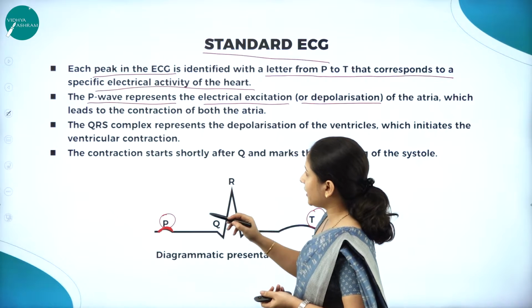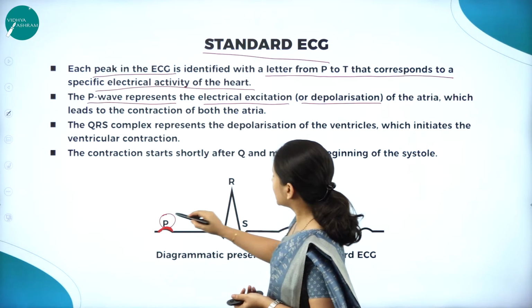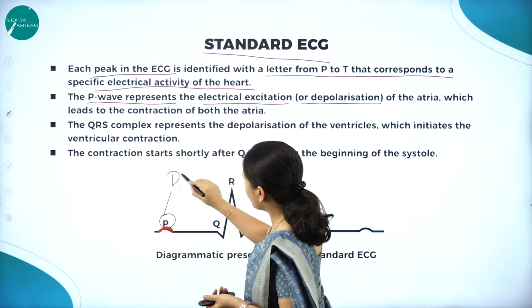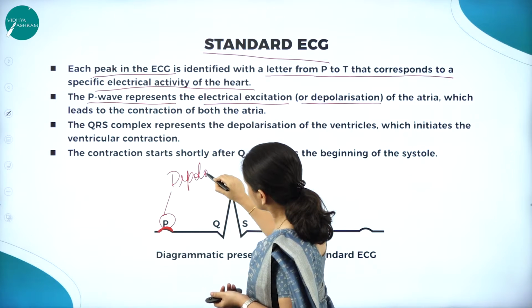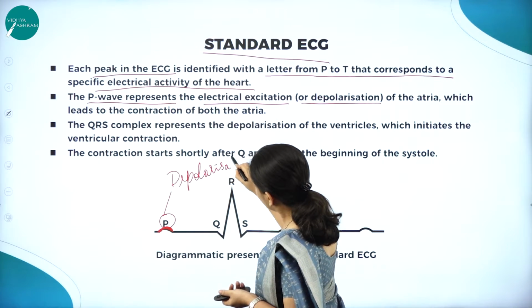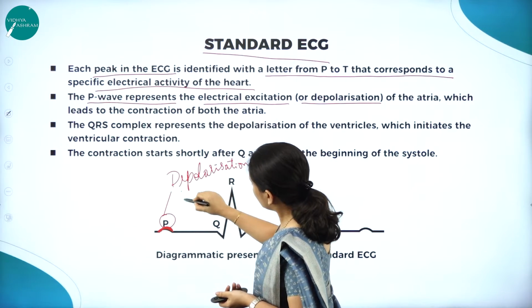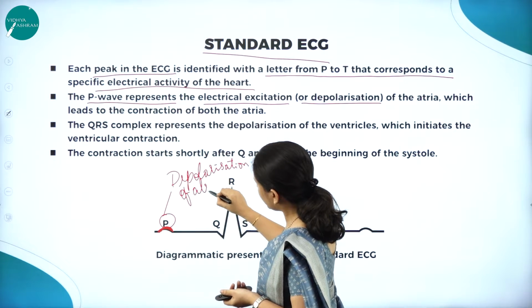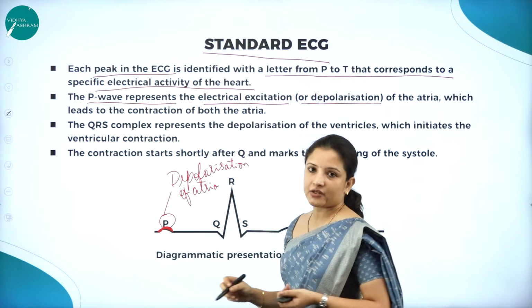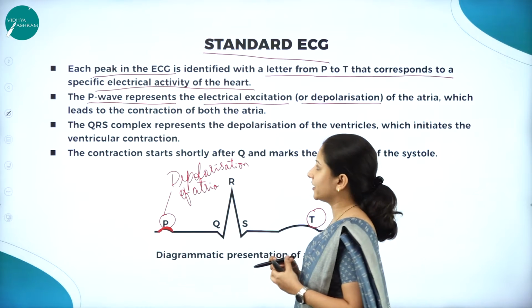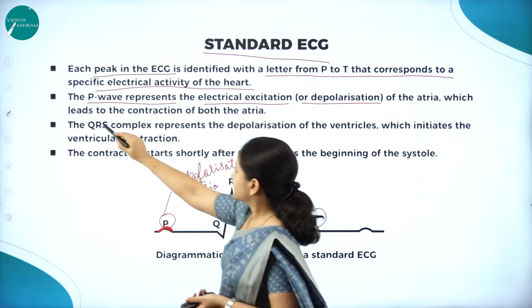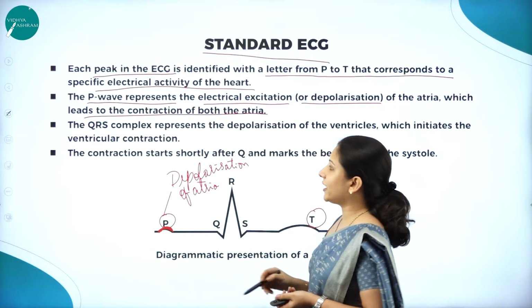So what does P mean? P means it is depolarization of the atria, meaning contraction of the atria. The atria are getting contracted here, which leads to the contraction of both the atria.